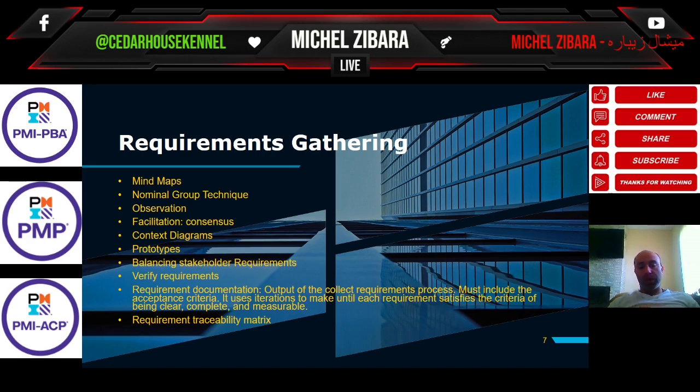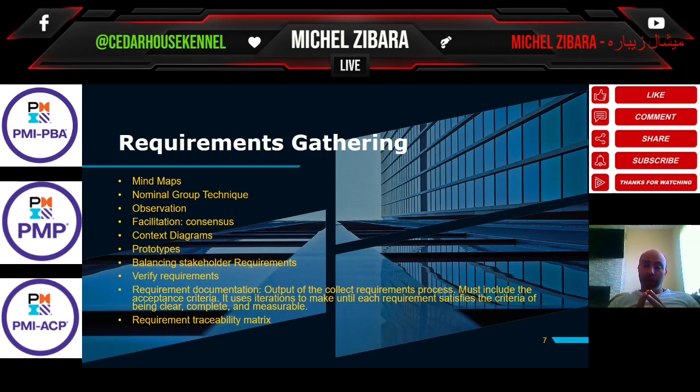Balancing stakeholder requirements: we said there are conflicting requirements that need to be balanced and resolved, and this is also part of requirement gathering. It's not a tool or technique, but it's a concept which I wanted to add here, because when you are balancing stakeholders' requirements, it's very important to always use your project charter and your business case as a reference. Why?